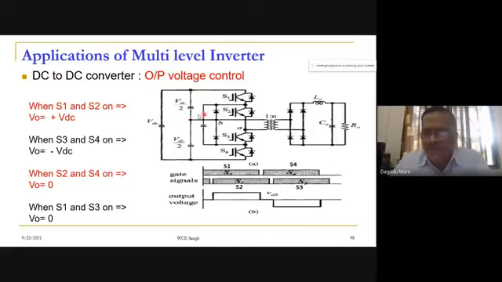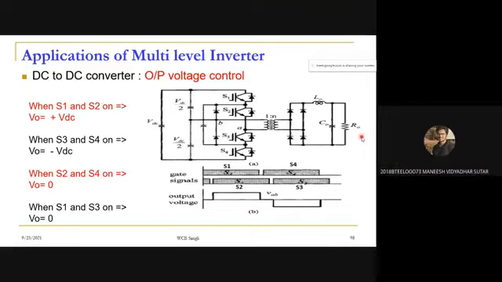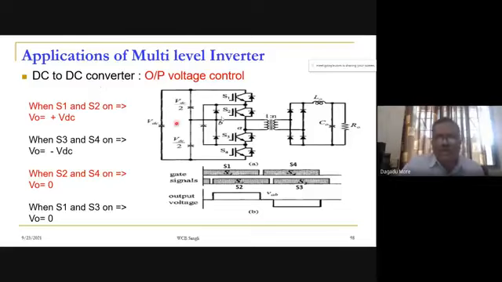So this whole configuration we can call an isolated DC to DC converter, because our input and output are electrically isolated. How are the input and output electrically isolated? Through the transformer.